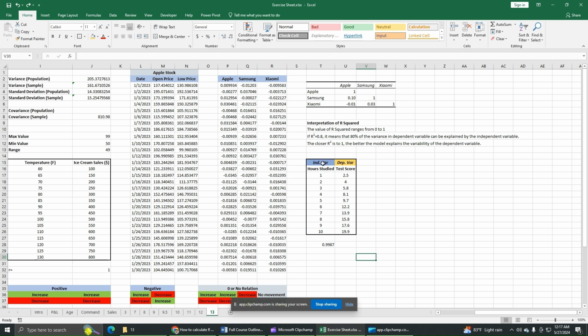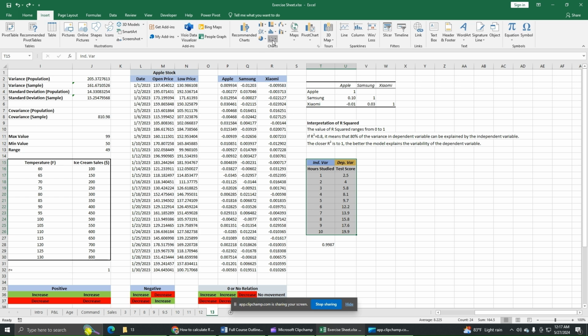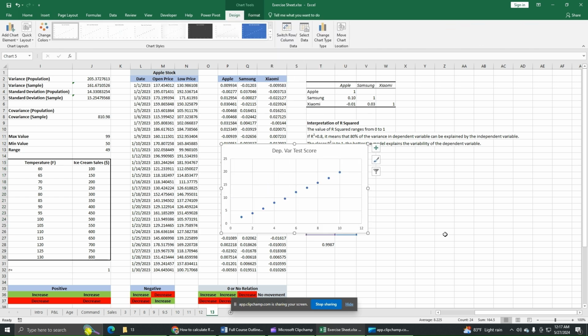We can insert a chart here. We are selecting the entire data range, insert. We can plot a scatter chart here. So this is our chart.